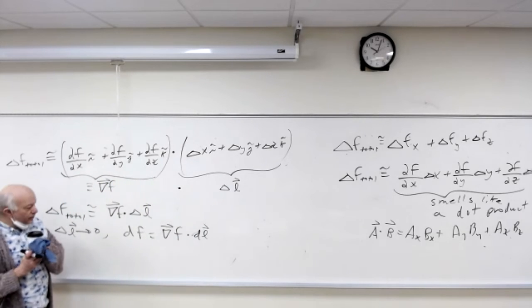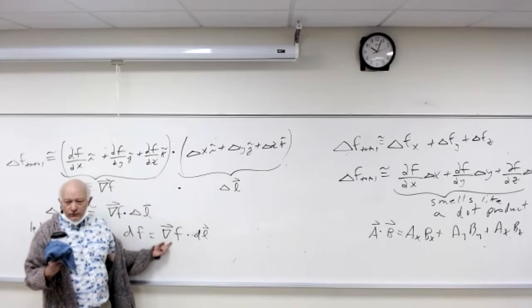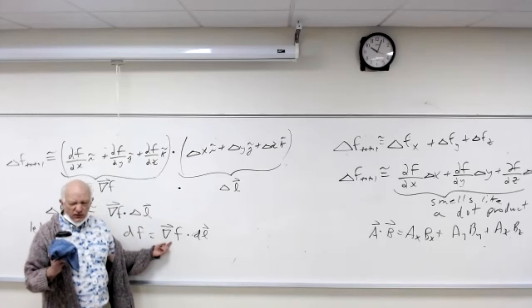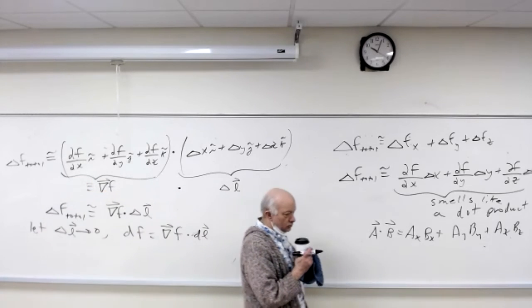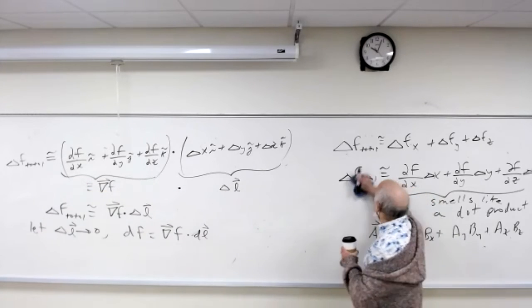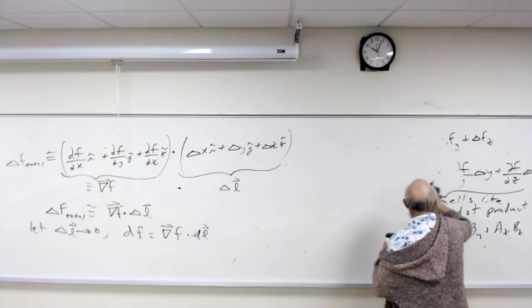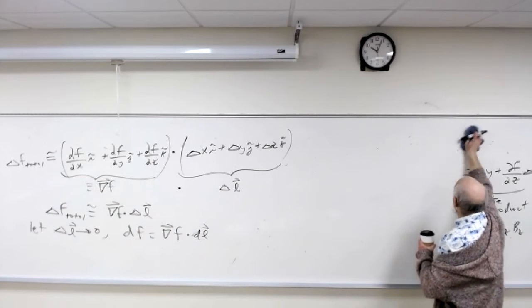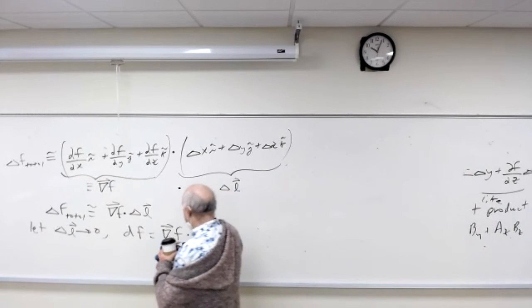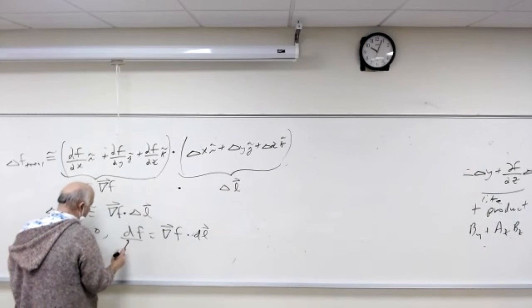And all it is, you can think of this gradient as being the three-dimensional generalization of a derivative. There's more to it than that, but that'll work. Okay. When you do this, this guy right here is called the exact differential.